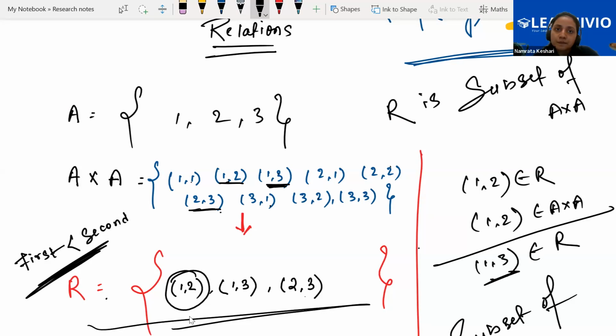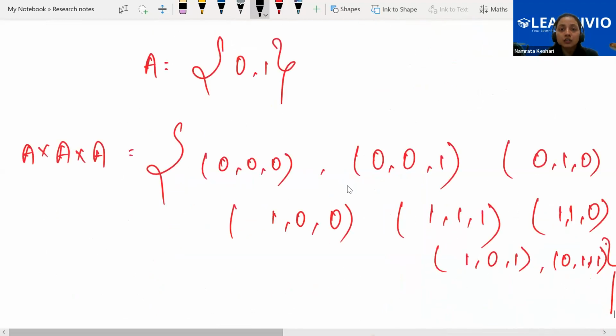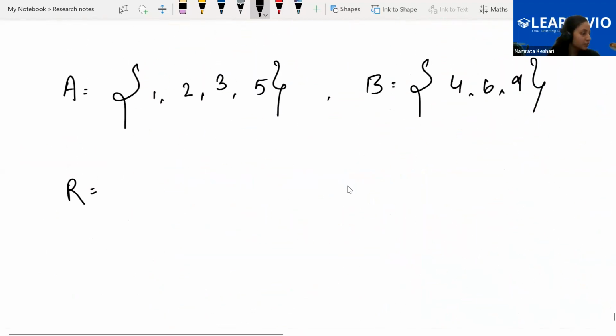Yes, ma'am. Okay. So that's why we say that each and every concept is linked with each other. This terminology must be clear to you. Let's continue with our question. A and B I have written over there.